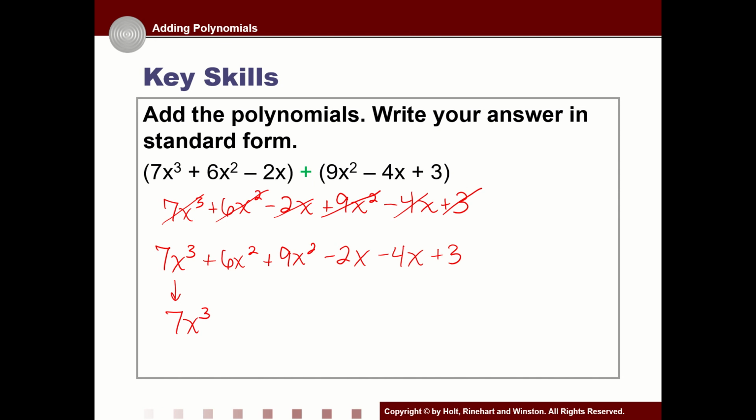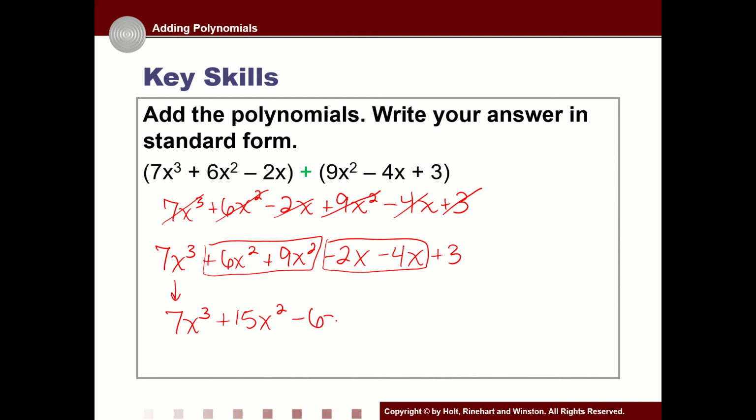6x squared plus 9x squared, those are like terms, becomes plus 15x squared. And then I have negative 2x minus 4x. Negative 2 minus 4 is negative 6.